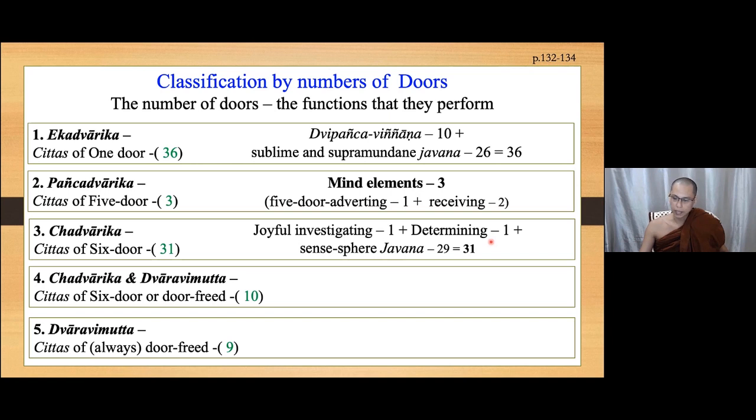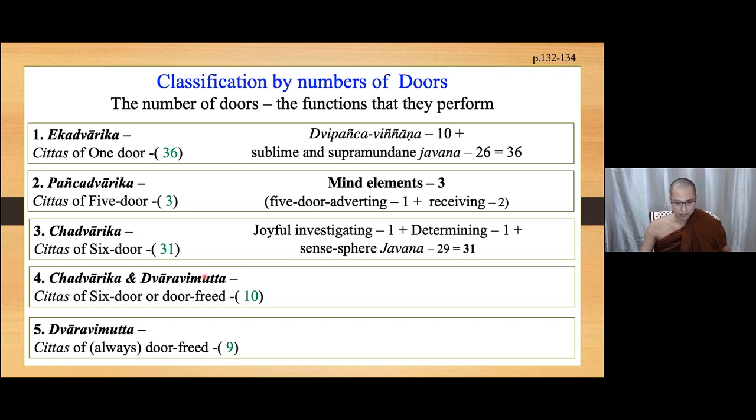So in this way, determining consciousness, or in other words the mind door advertence consciousness, can arise in 6 doors. We already know about this since Pariya Chawana. So the 31 consciousness can arise in 6 doors. They are called the Chatvarika Chitta.